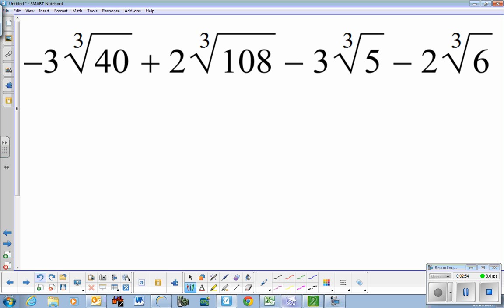Now I made these cubes so that we could practice simplifying cube roots instead of square roots every time. So when you simplify a cube root, you have to find perfect cubes that go into that number, not perfect squares.